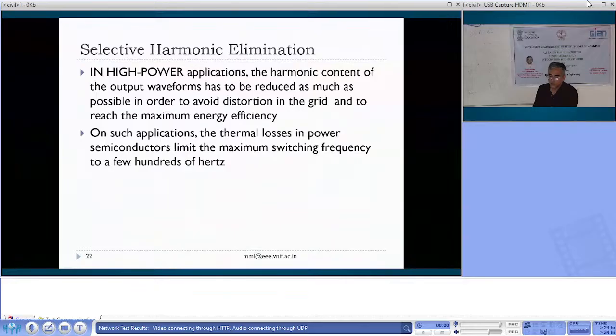Let's discuss selective harmonic elimination. It is one method where you select the harmonic and eliminate it. Which type of harmonic will you select: the lower order or the higher order harmonic? You will eliminate the lower order harmonics. Why? Because they are more disturbing, they are high in magnitude.